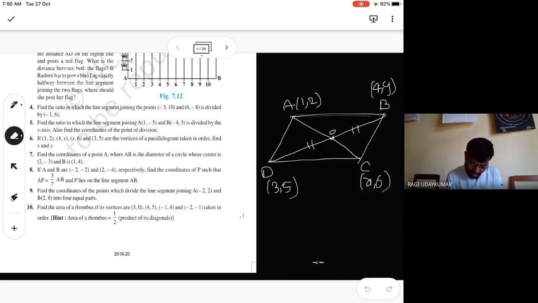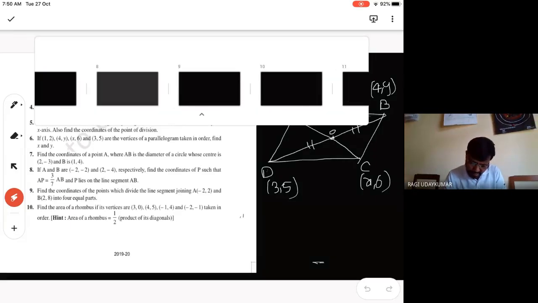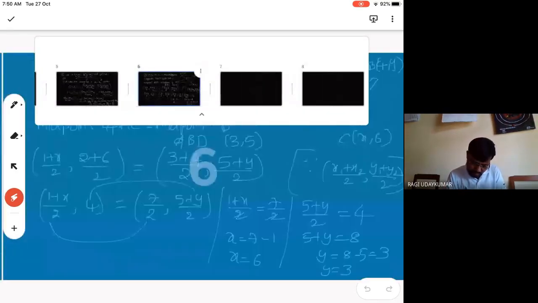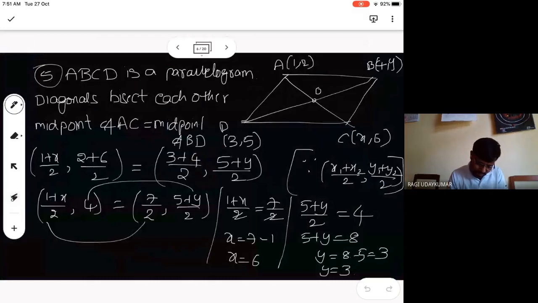What is the question here? It is given to you. Seventh question. Sorry, before that, the sixth question. I wrote, I think here it is 5. This is the sixth question.